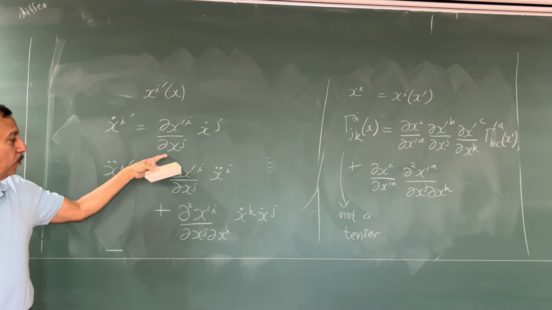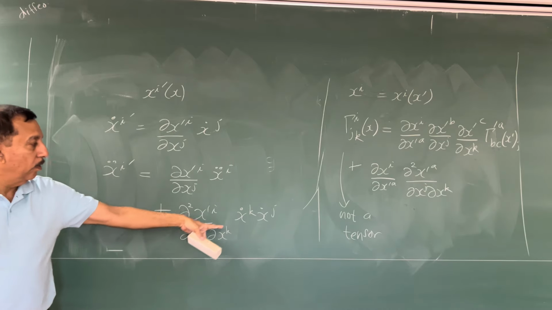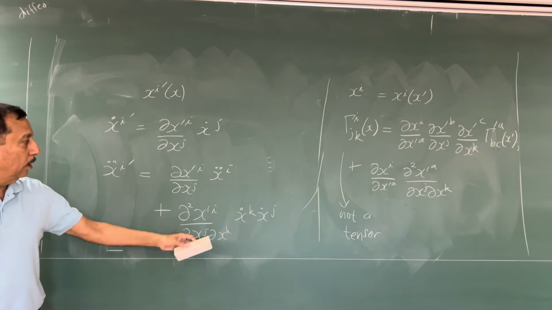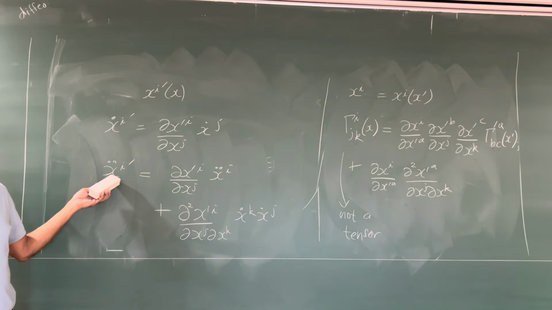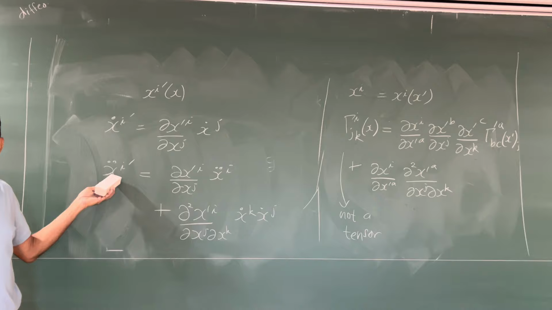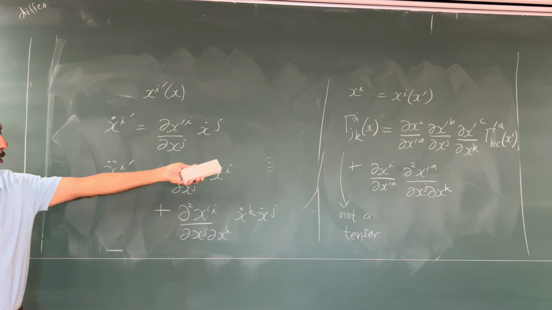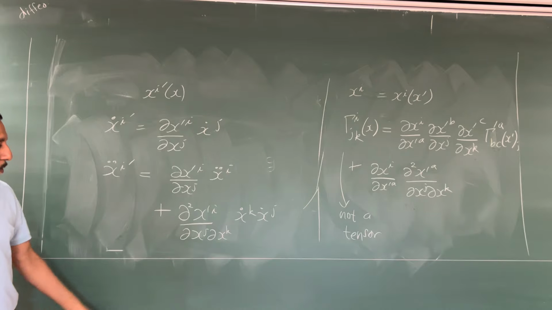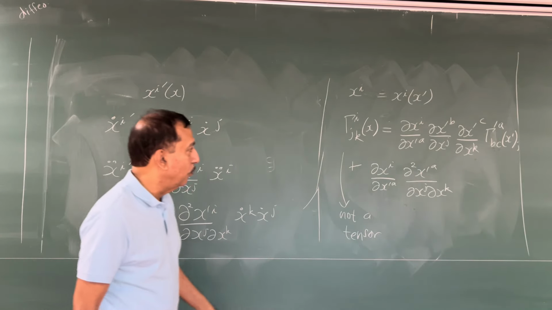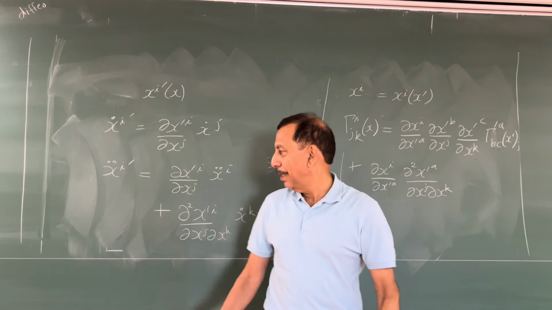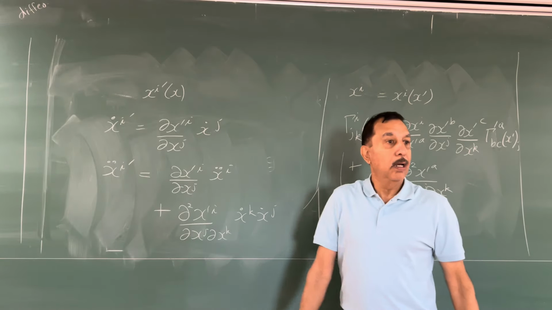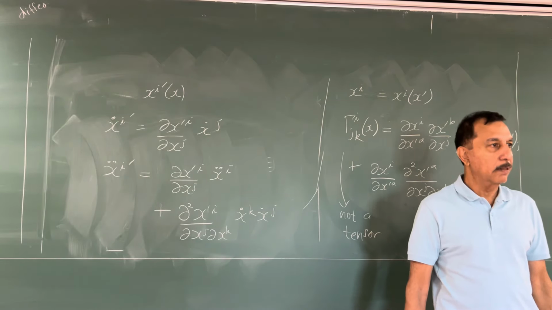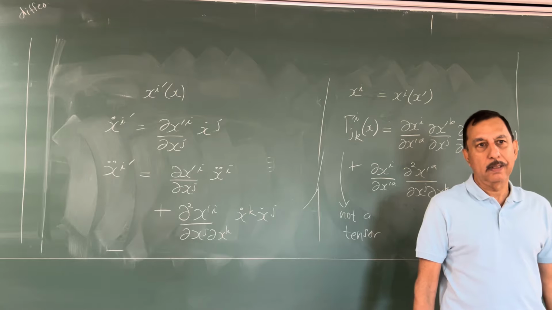To differentiate this prefactor, I need to take its second derivative in x and then differentiate that x with respect to time. So I get this new term. So therefore, we've proved that x double dot is also not a vector, just like gamma x dot x dot is also not a vector. But you see that the fault is somehow the same on both sides. There's a similar second derivative problem. And so it is hopeful that the two terms in the geodesic equation will cancel, and that's your exercise.